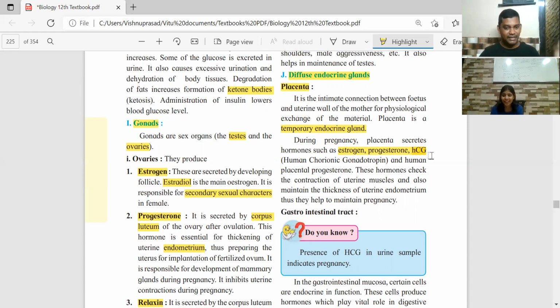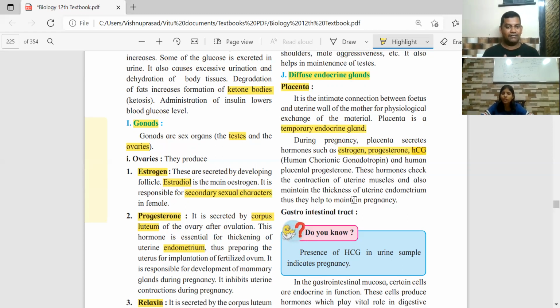That woman is pregnant. The pregnancy kit detects this. These hormones check the contraction of the uterine muscles and also maintain the thickness of the endometrium. So it helps to maintain the pregnancy through the growing period of the embryo, the 9 months of pregnancy.